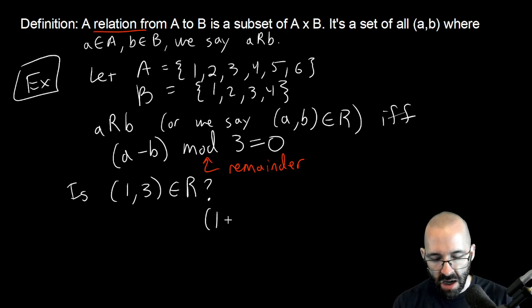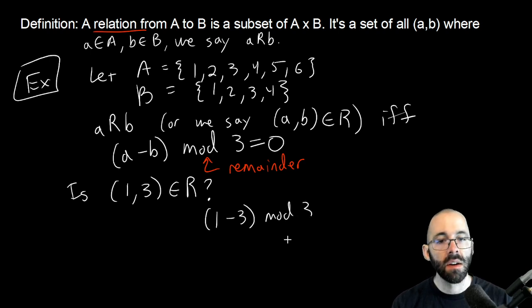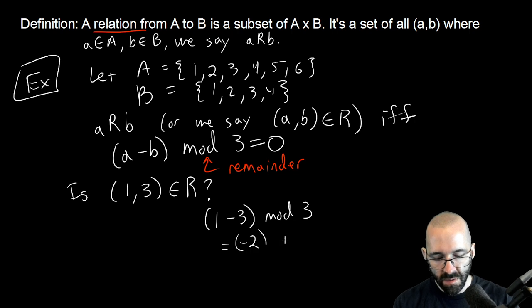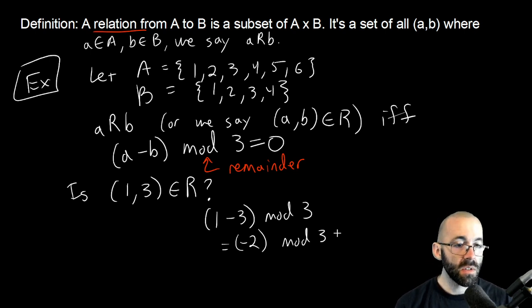What is a minus b mod 3? Well, that's 1 minus 3, that's negative 2 mod 3. So is negative 2 divisible by 3? The answer is no.